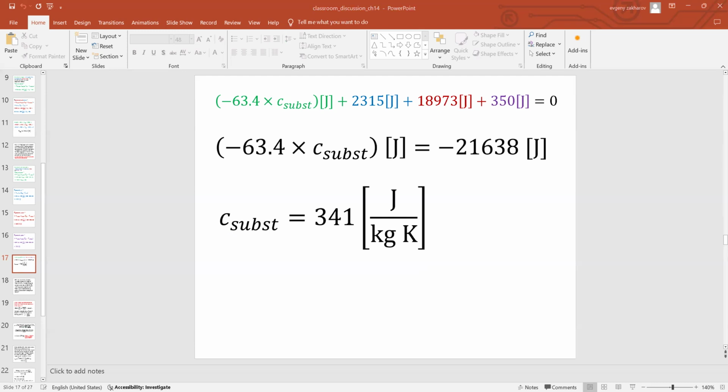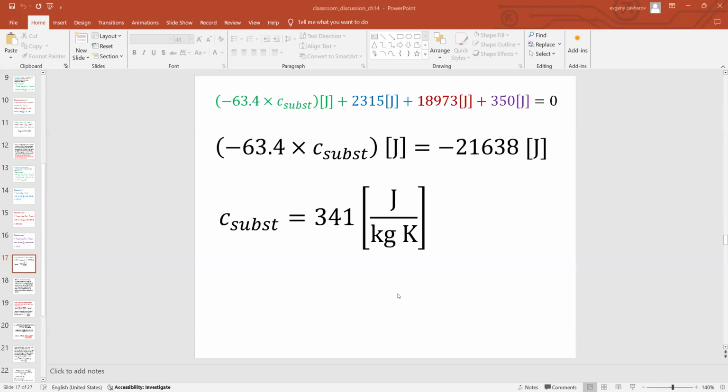No, not the book, but the lectures. Chapter 14. Let me see what 340 corresponds to. Okay, we have copper at 390. And yeah, it looks like it's copper mixed with probably a little bit of lead, something like that.